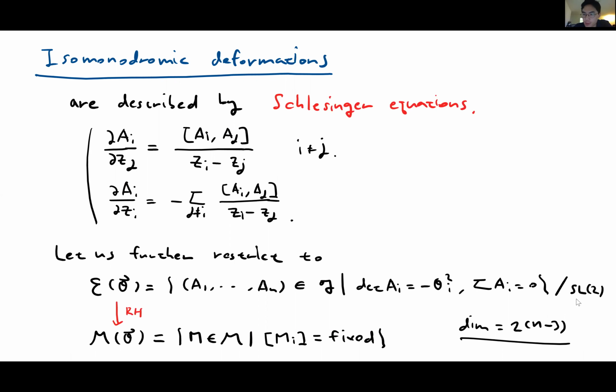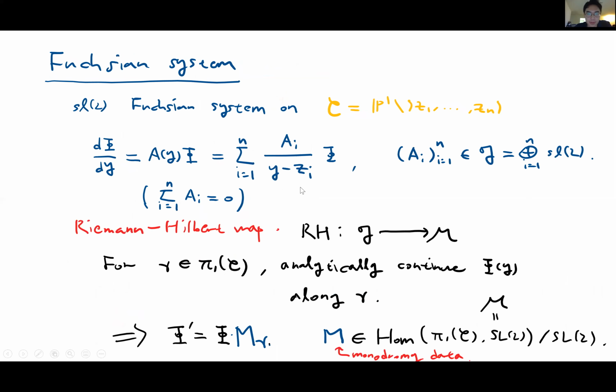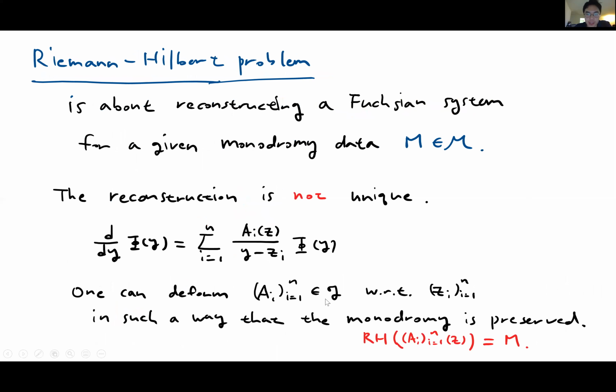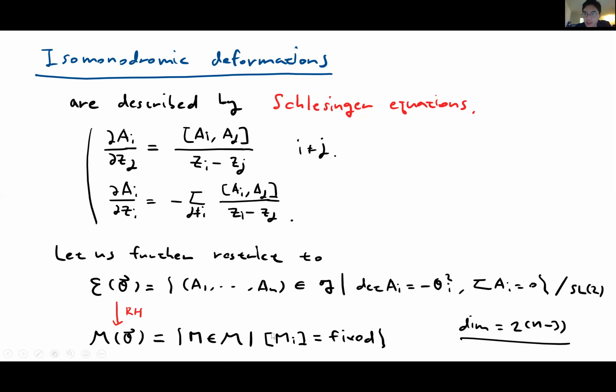And also divide by the overall conjugation of SL2. What corresponds to this constraint in the monodromy space is that the conjugacy class of monodromy along each puncture is fixed. So if I go back to my main example, here we have 4 loops that go around each puncture, and this constraint fixes the conjugacy class of this monodromy. We're reducing the dimension of the spaces.